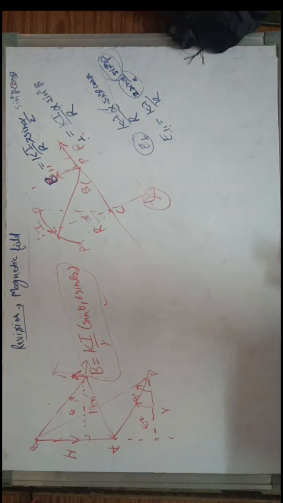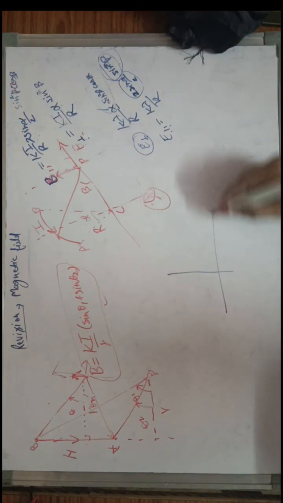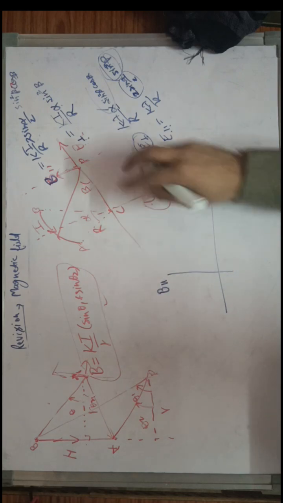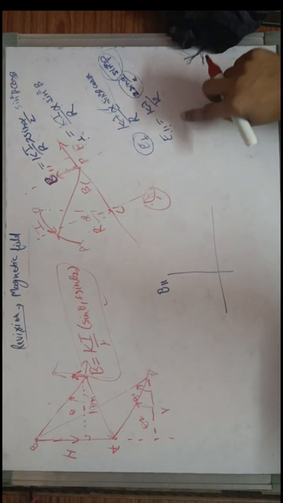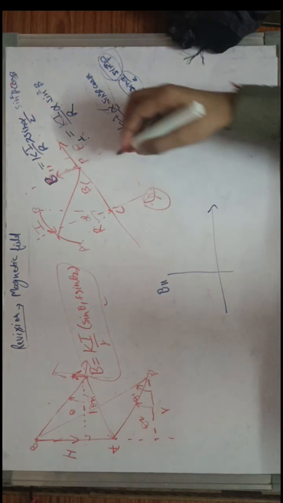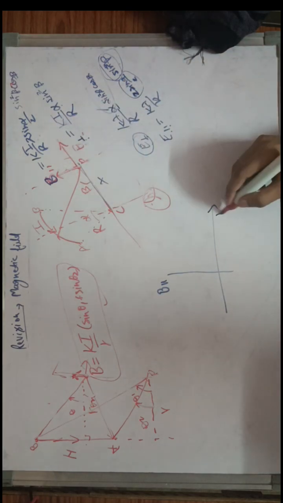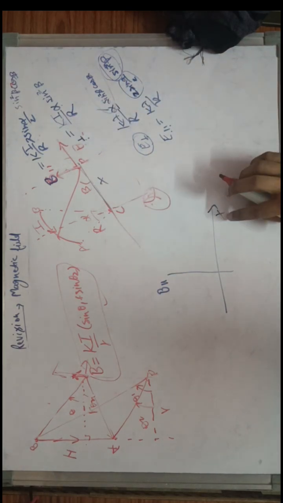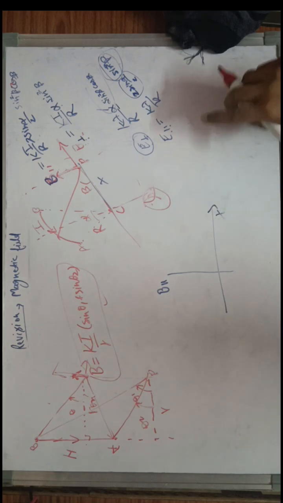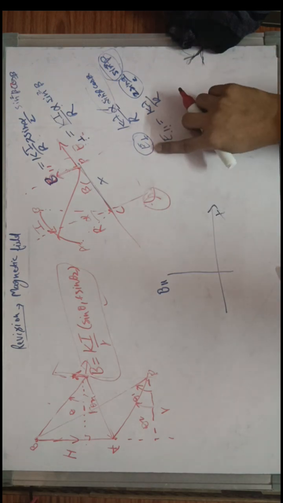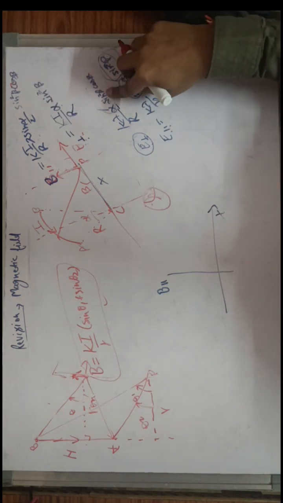And the graph of B parallel: let's say the distance from this center point C to this point P is x. Then the graph of B parallel with respect to x would be similar to the graph of E perpendicular, because both have the same relation of beta.